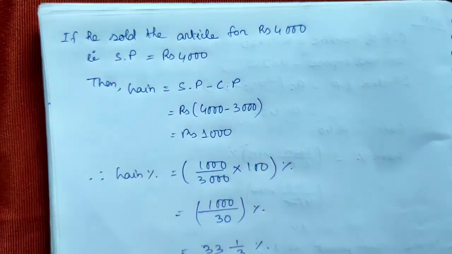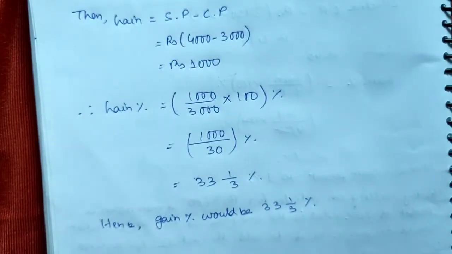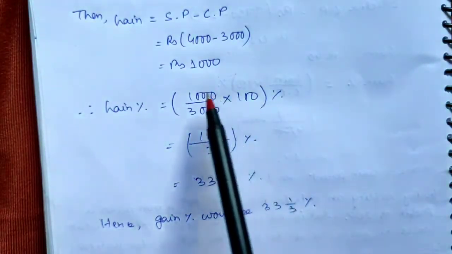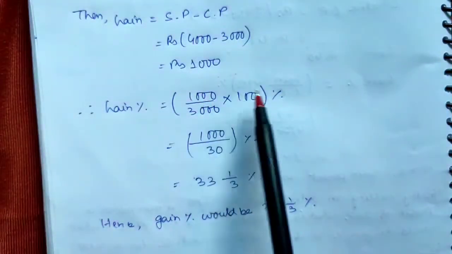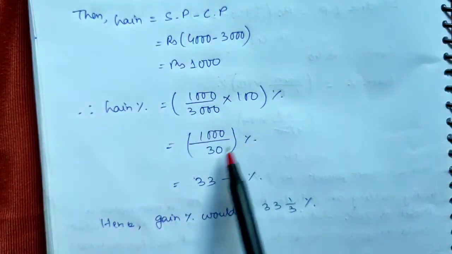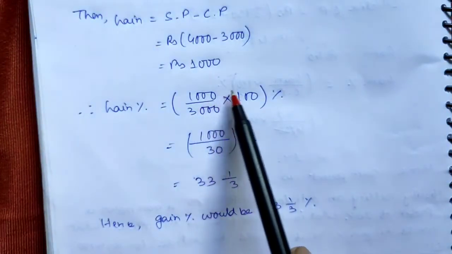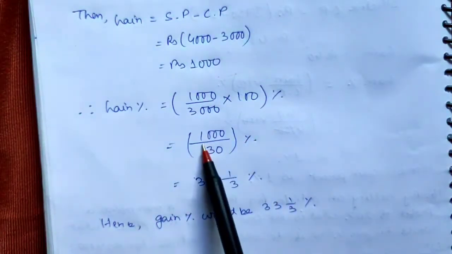So if we convert it into percentage, gain percent is gain by CP into 100. Gain is 1,000, CP of the article is 3,000, into 100. Then these 000 cancel, then 3 into 100.